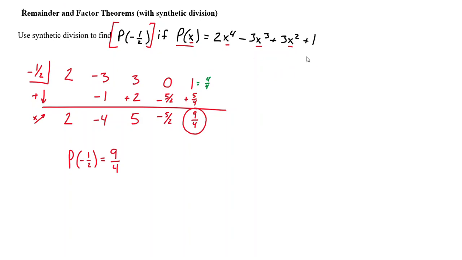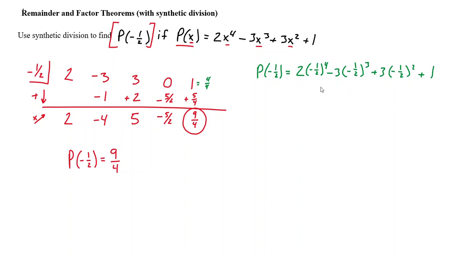Let's do this problem the old-fashioned way. P of negative 1/2 is 2 times negative 1/2 to the 4th power minus 3 times negative 1/2 to the 3rd power plus 3 times negative 1/2 squared plus 1.